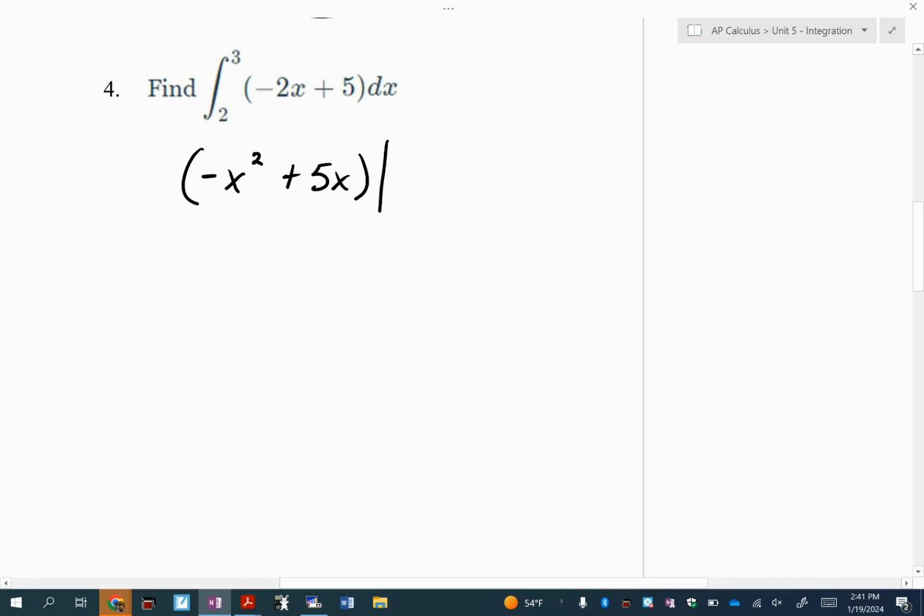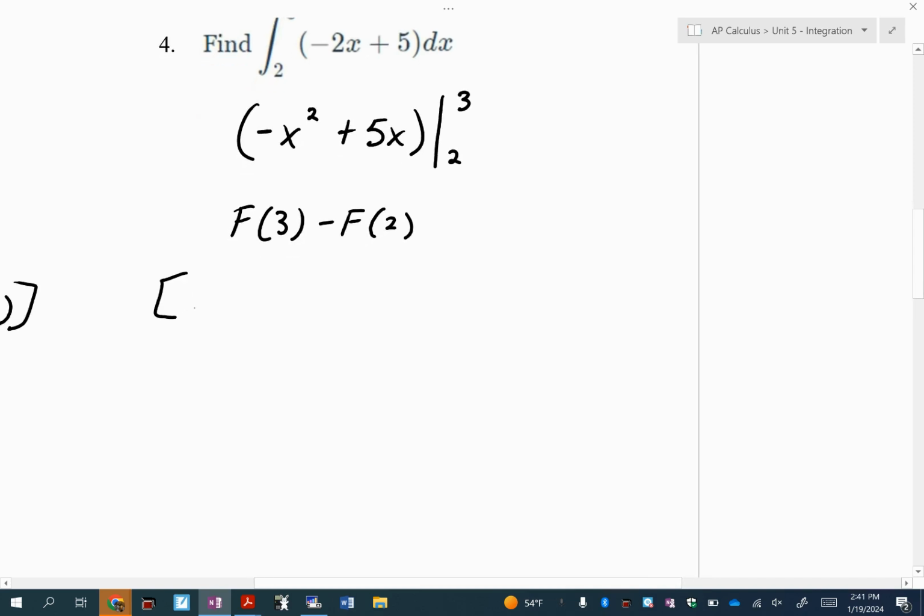Draw the bar and do 3 and 2. So let's do f of 3 minus f of 2. So I have the opposite of 3 squared plus 5 times 3 minus the opposite of 2 squared plus 5 times 2.